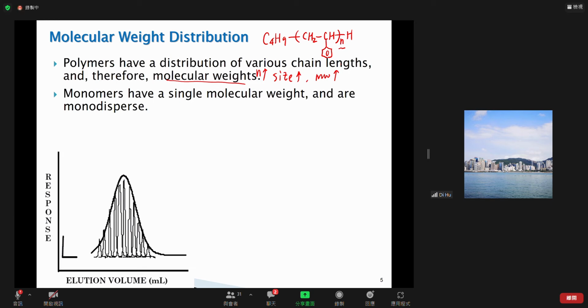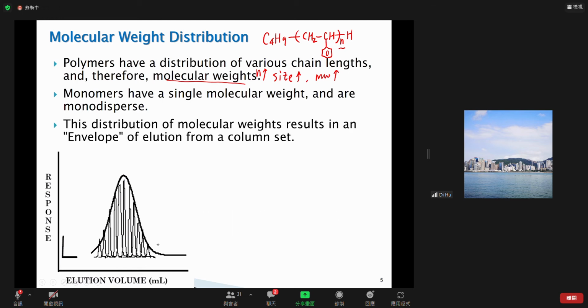As you can see here, what you can get from size exclusion chromatography is a distribution like this one. The distribution of molecular weight looks like an envelope of elution from a column set. On that, you can see multiple peaks, corresponding to different n numbers.